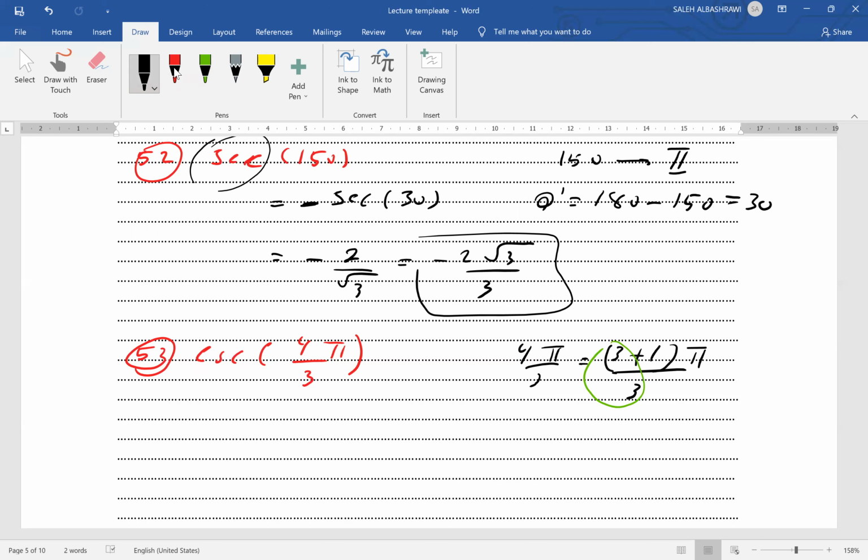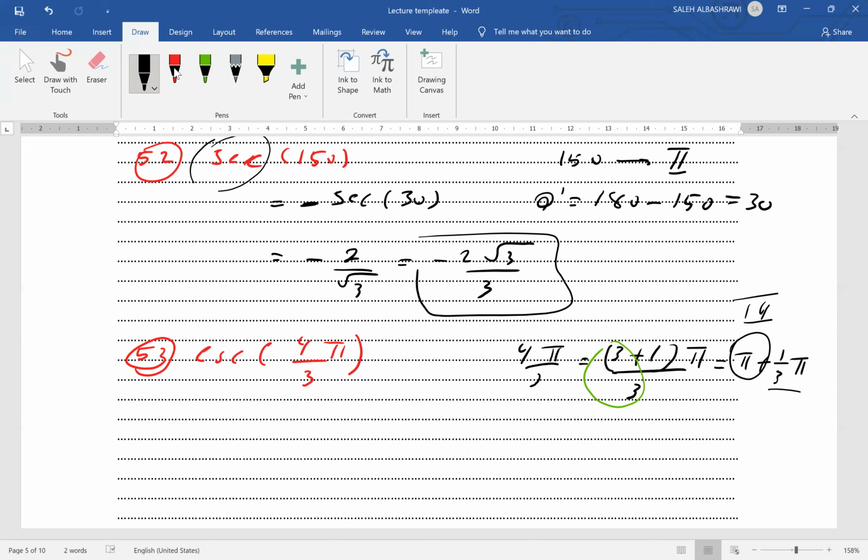So this is equal to 1 pi plus 1/3 pi. So it is pi plus 1/3, which means it is in the third quadrant, because this 1 pi will be the end of the second quadrant, and then plus 1/3. So this is in the third quadrant.